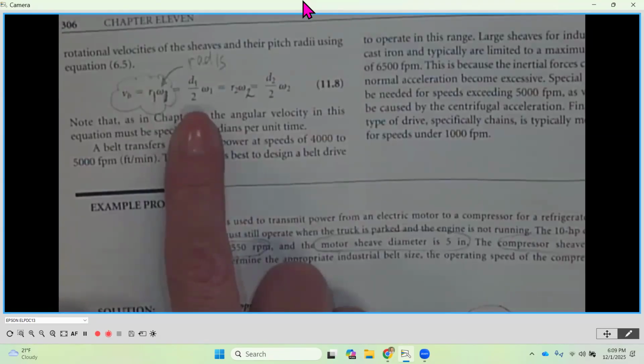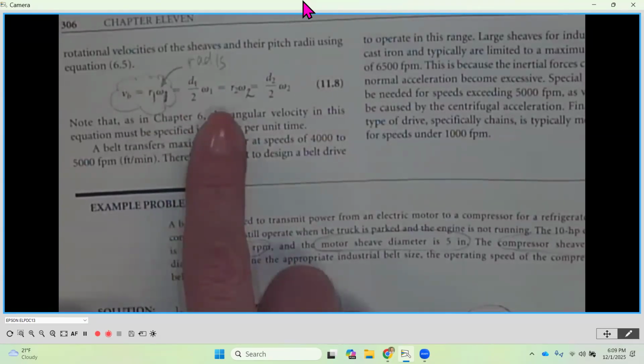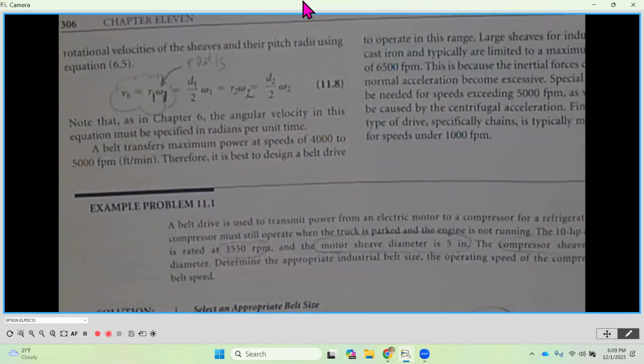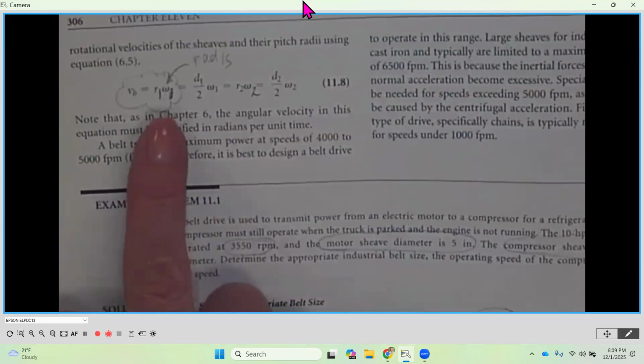If I know the pitch diameter, I simply divide that by 2 and multiply by the angular velocity. Remember, in this equation, the angular velocity has to be in what units? Radians per second, exactly. So keep that in mind.